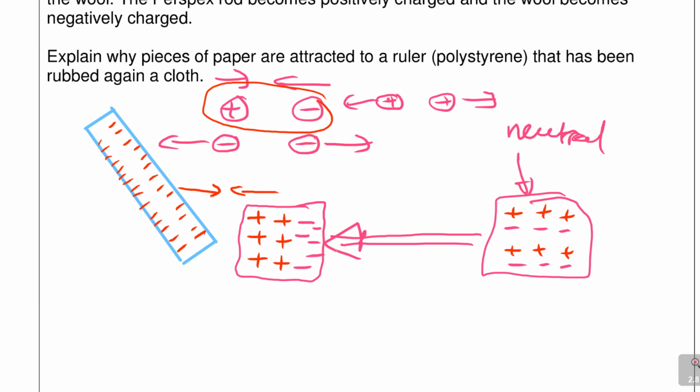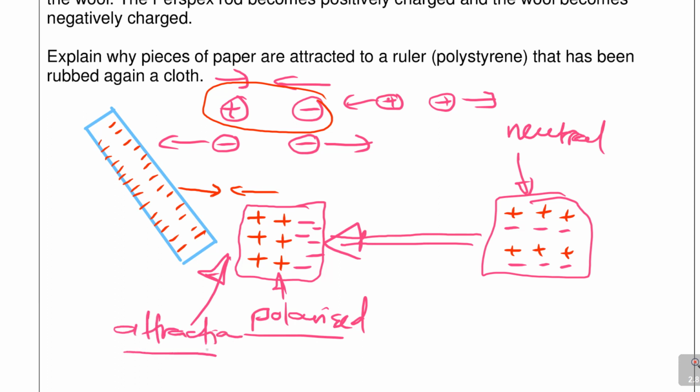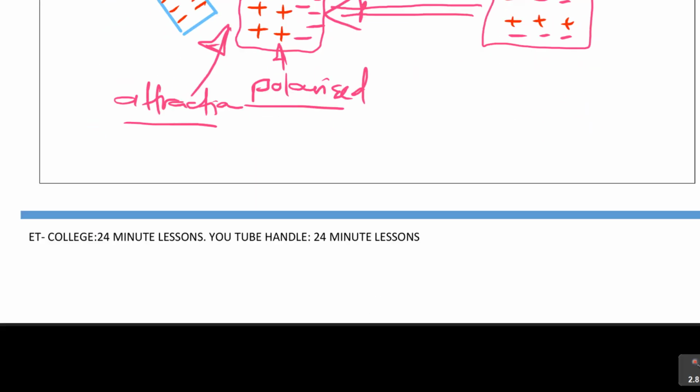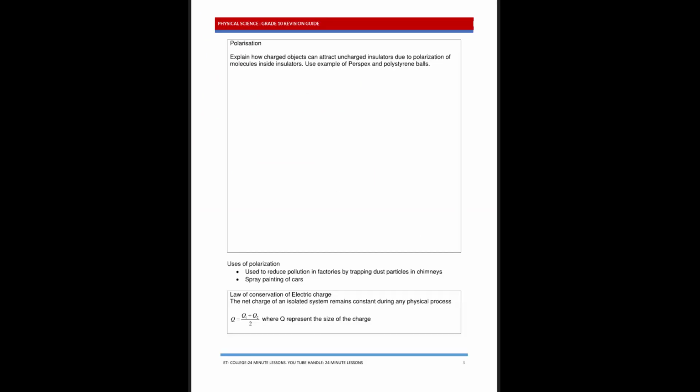So in a way you have polarized this paper. This is what causes the attraction at the center. That's why the paper gets attracted to the ruler. So when a paper is brought closer to a charged ruler, the pieces of paper are going to be attracted.